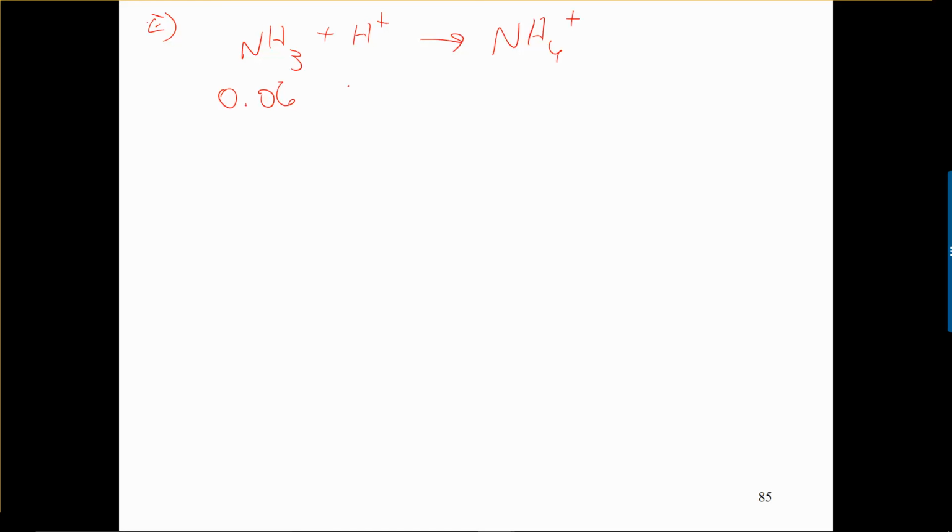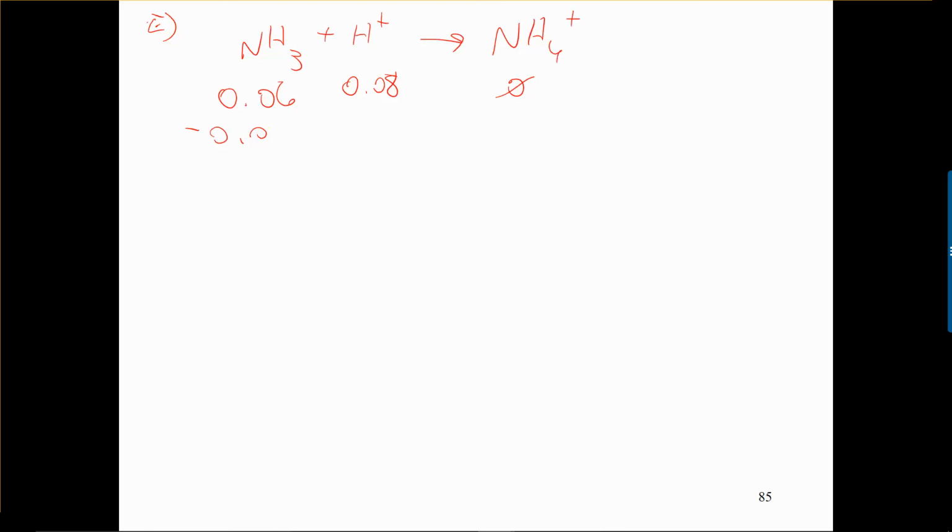Okay, so for this one, I'm going to take NH3 plus H plus, and it's going to produce NH4 plus, right? This is for E. What is my concentration of NH3? 0.06. 0.08. 0.02.